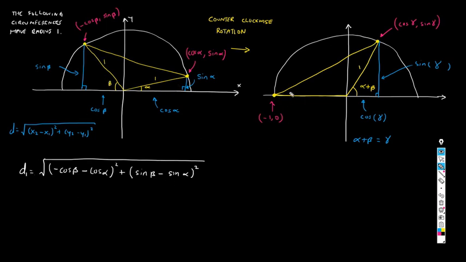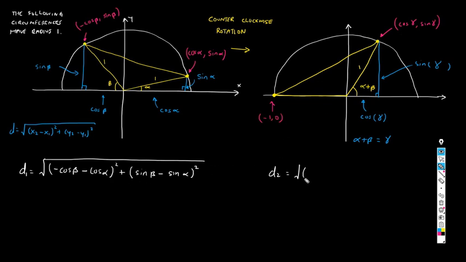Now the distance 2, which is this segment, I'm going to call that distance 2. It's the same idea, the square root of all of this thing. Let me do the same thing. I'm going to call this 0.2 and this 0.1.